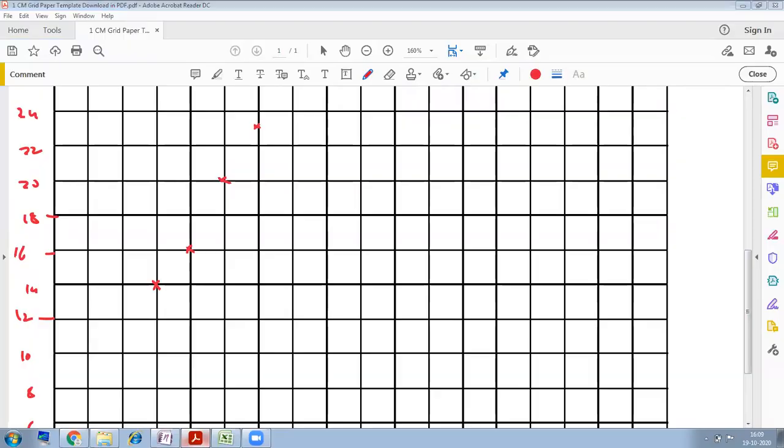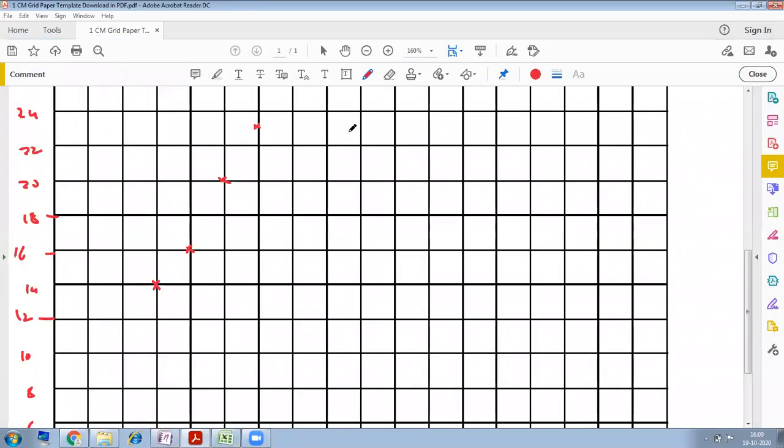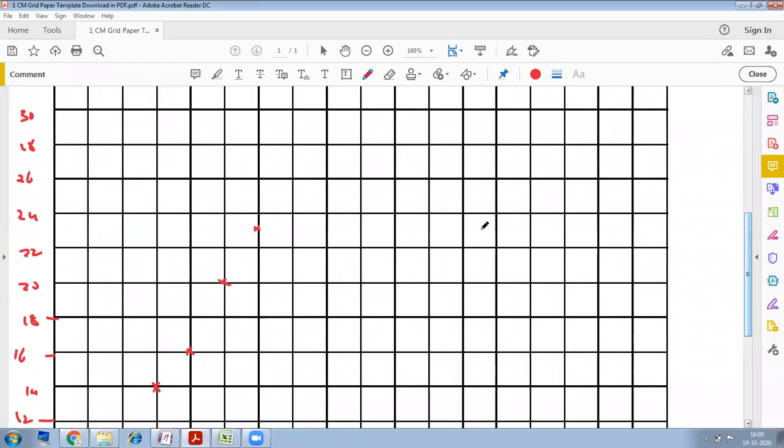And when it comes to 35, it's 27. 27 is here. And this is the last one.